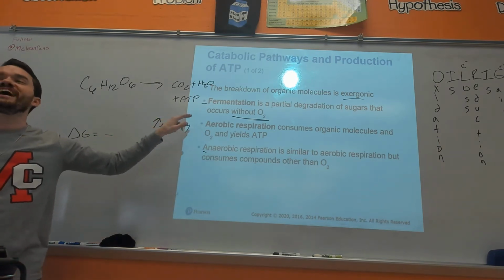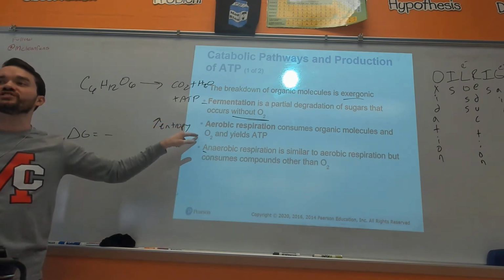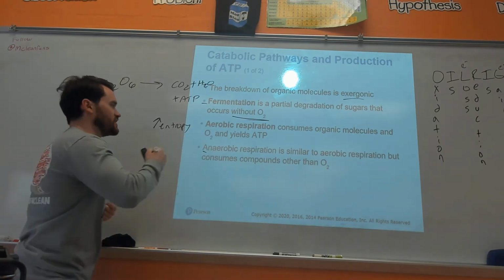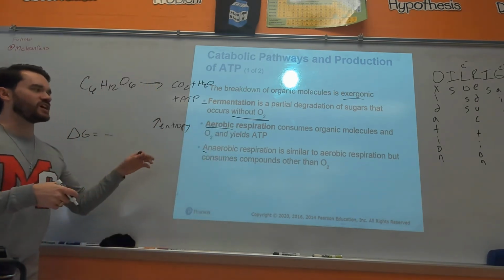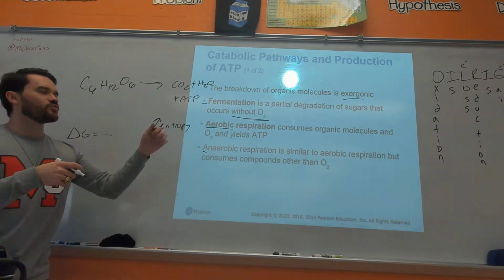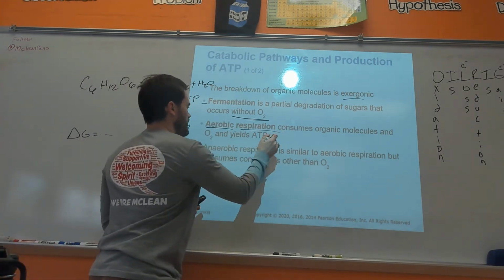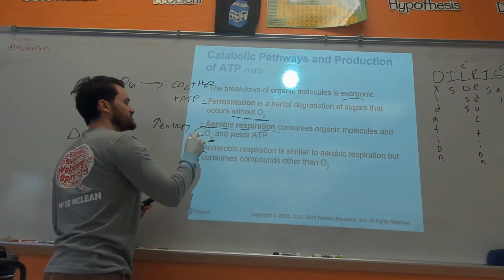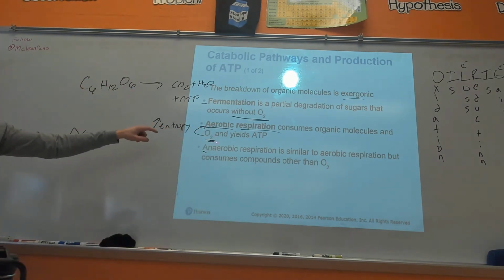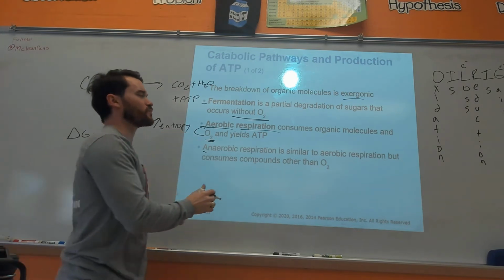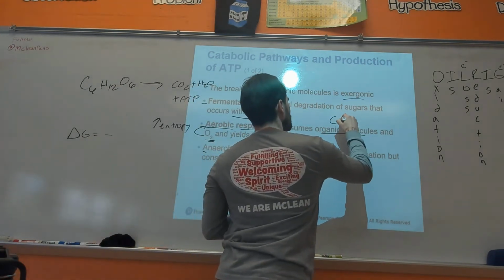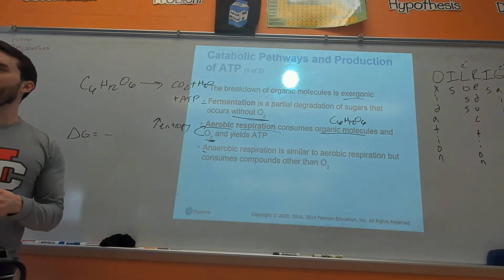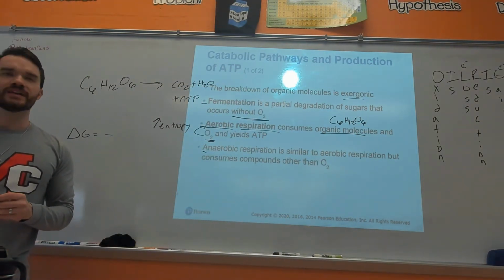Aerobic respiration, that's what we're focusing on really in chapter 7. That's the bulk of chapter 7. Aerobic means you're kind of active. Respiration, you're breathing in. So aerobic, active, you're requiring oxygen. So in aerobic respiration, we're using oxygen to break down organic fuel, we're talking about carbon-based fuels like glucose, C6H12O6.